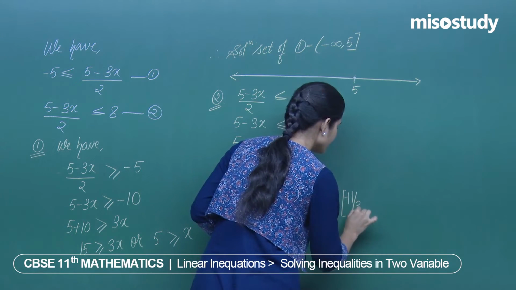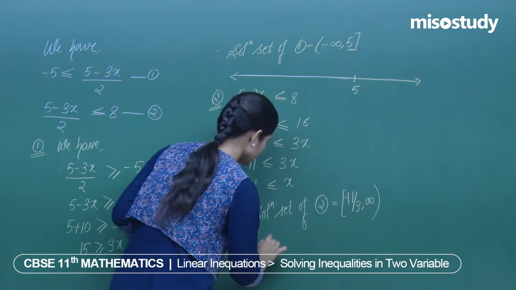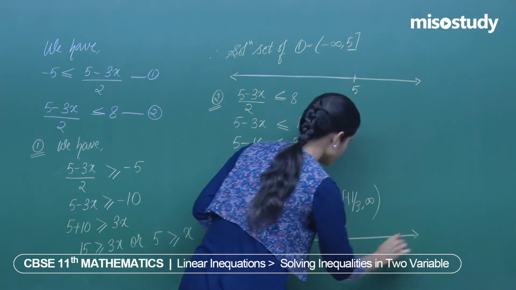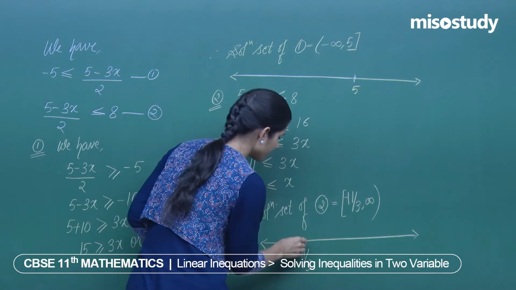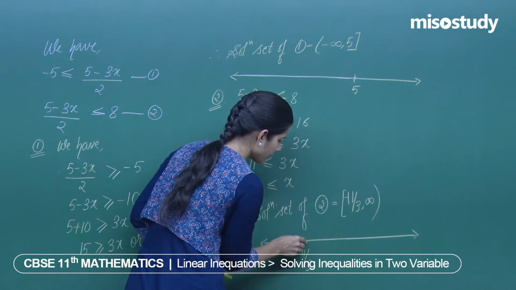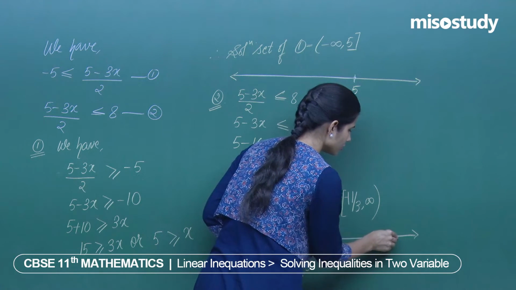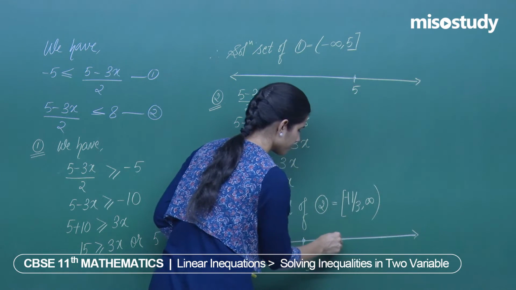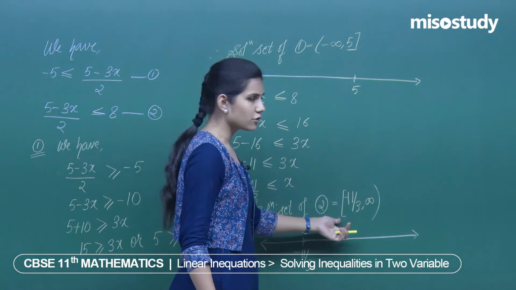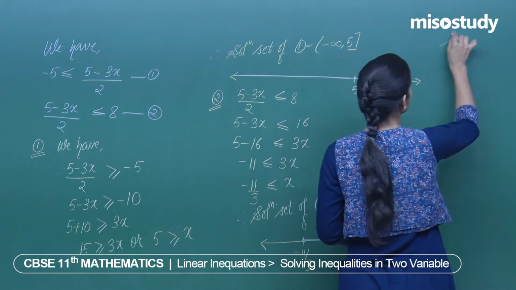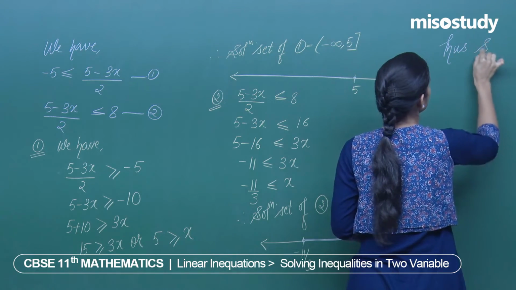So, [minus 11 by 3, infinity), which on the number line, if you plot, this is say minus 11 by 3, I am including minus 11 by 3 and everything beyond it is my solution. I have found the solution set of 1, I have found the solution set of 2, I need to find the solution set of the system.